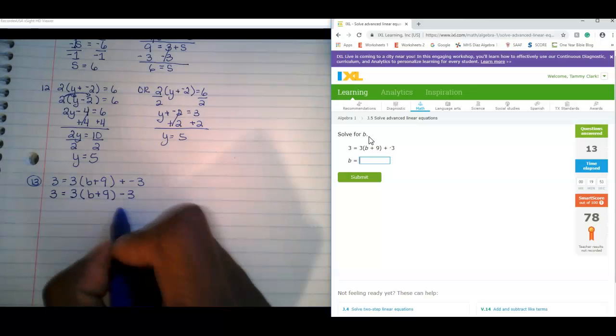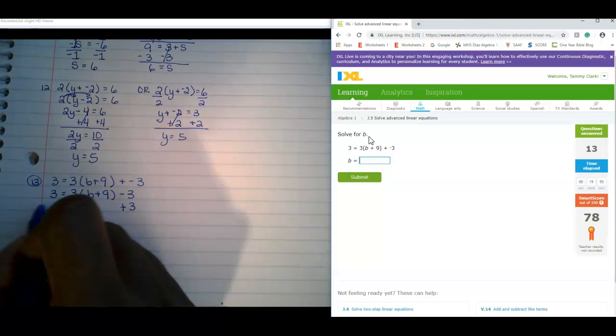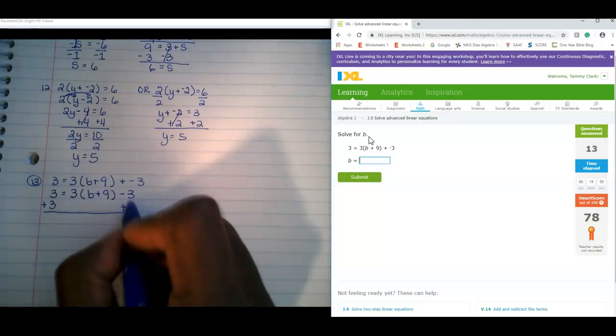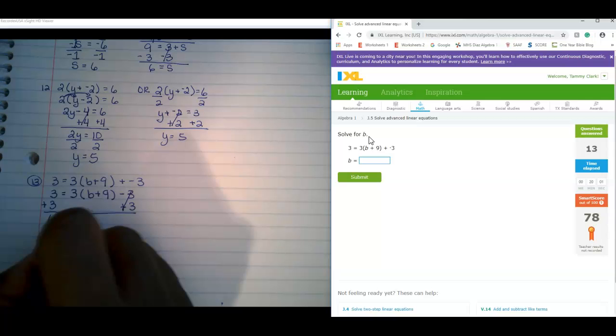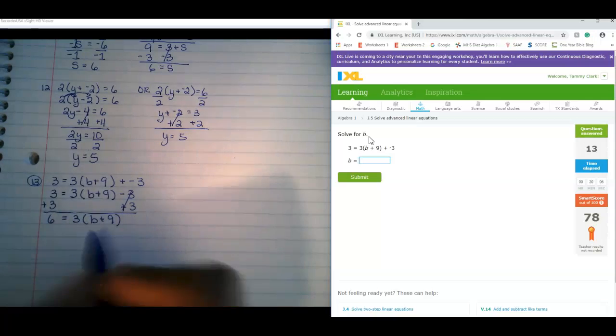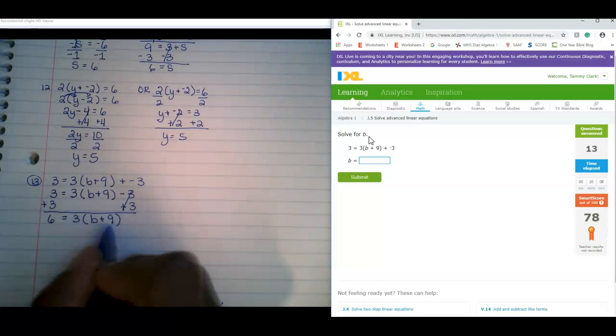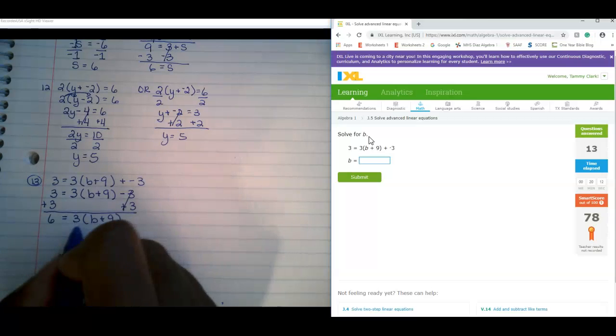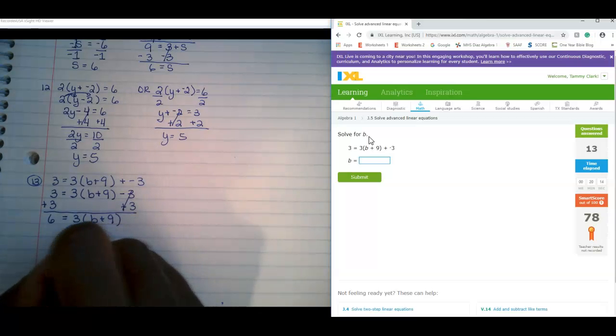So now I know I can add 3 to both sides of the equation. And that leaves me with 6 is equal to 3 times b plus 9. Now you can distribute or you can divide. So I'm just going to go ahead and divide on this one.